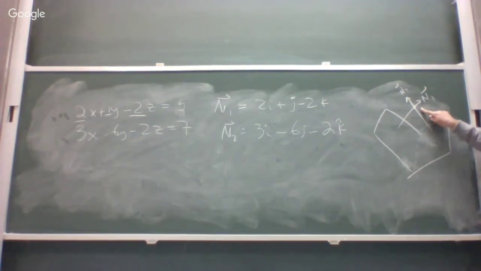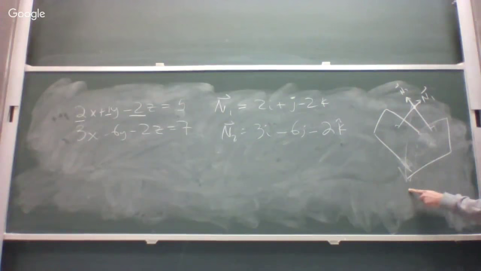So now we have two vectors, and when we do the cross product of them, we get something perpendicular to those two vectors. This here will be perpendicular to those two. These two are already perpendicular to the plane.